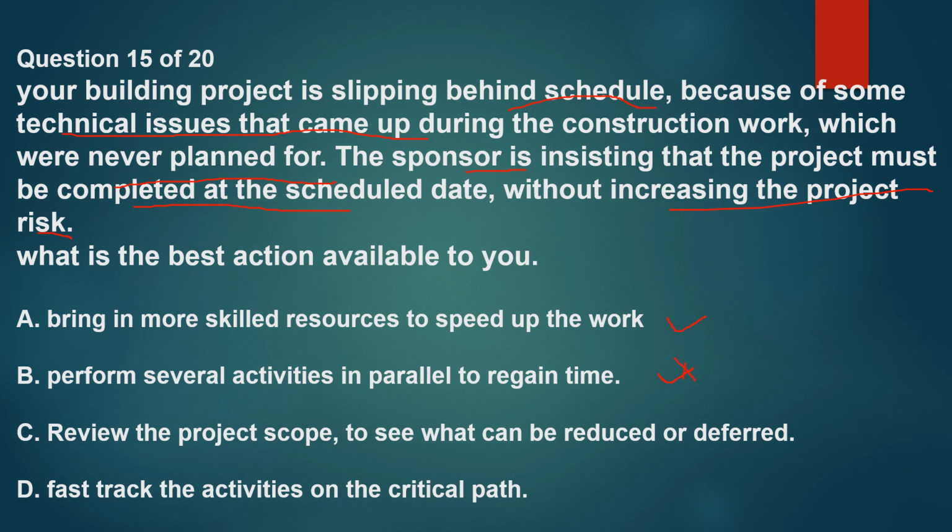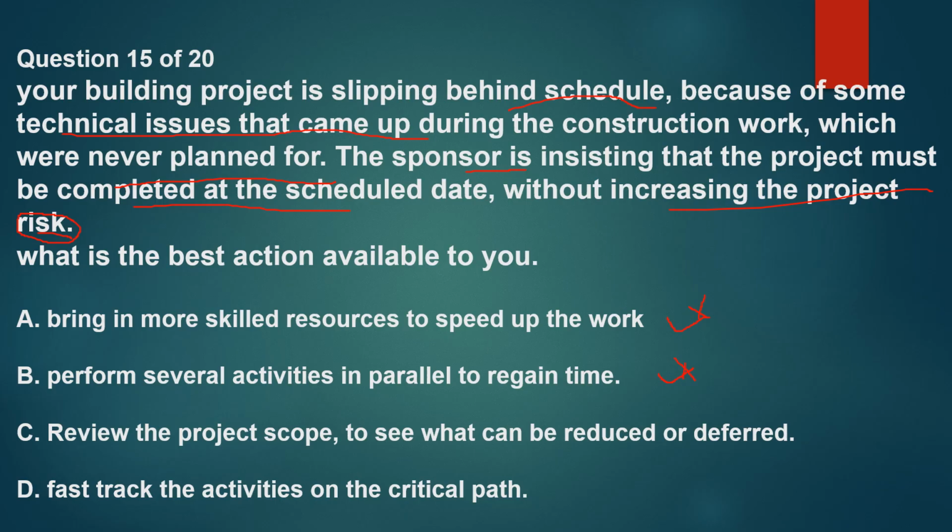Already the project has technical issues which were never planned for, and the sponsor insists that the project must be completed at the scheduled date without increasing the project risk. So adding more resources too can add to the project risk, even though it's correct. So there's a clause here that renders these two options out of the equation.